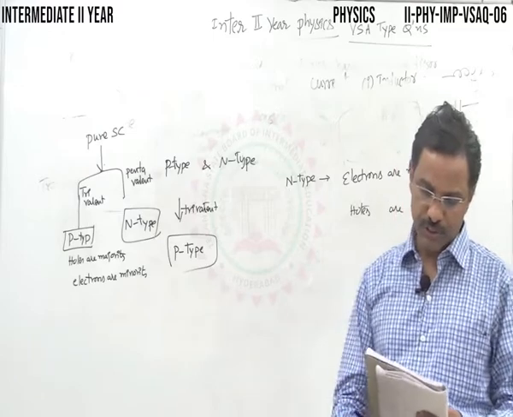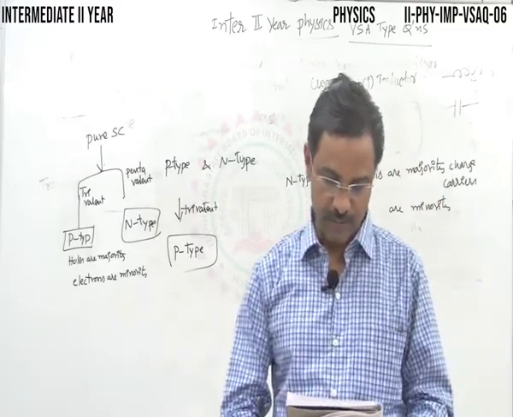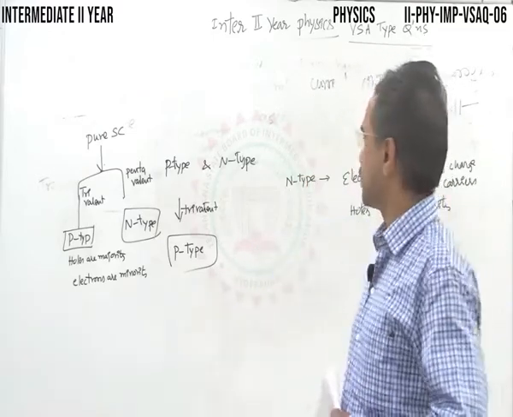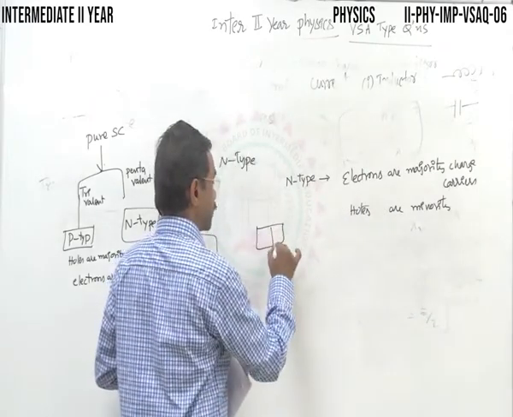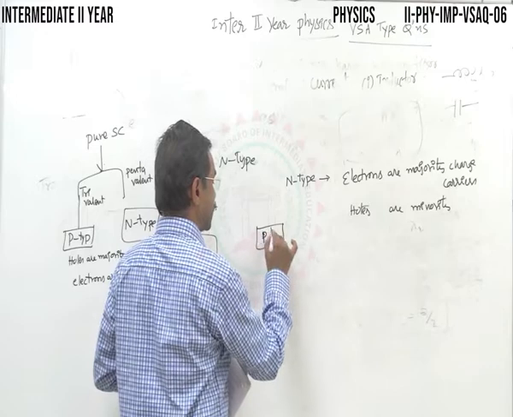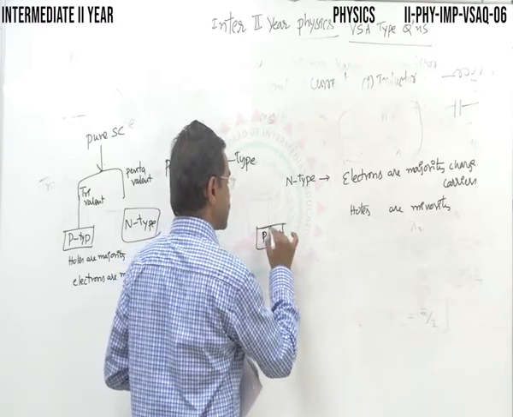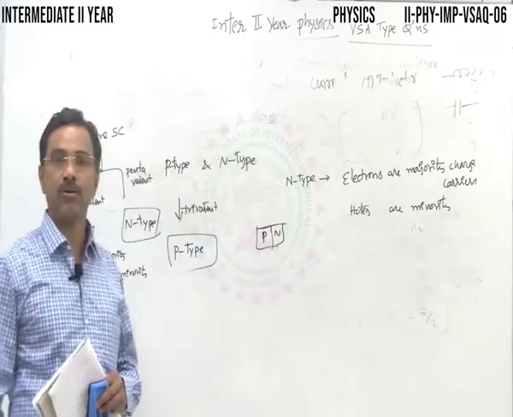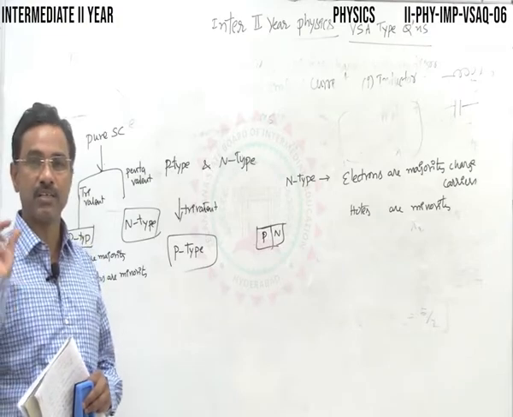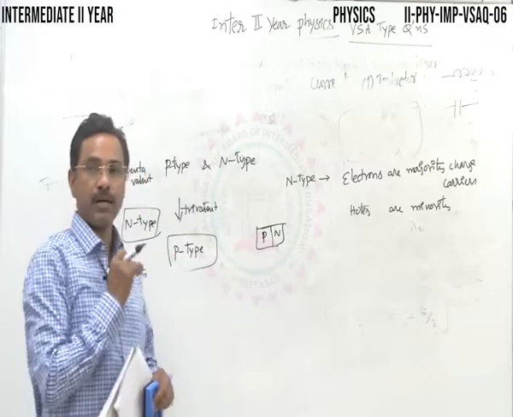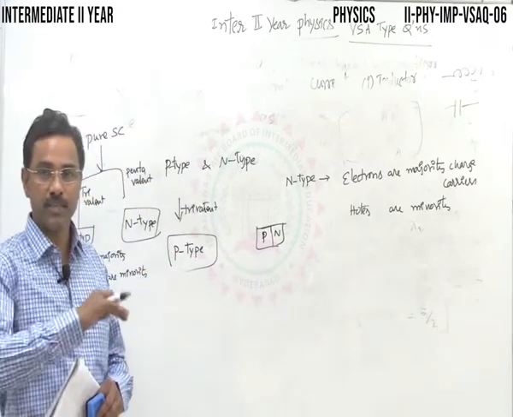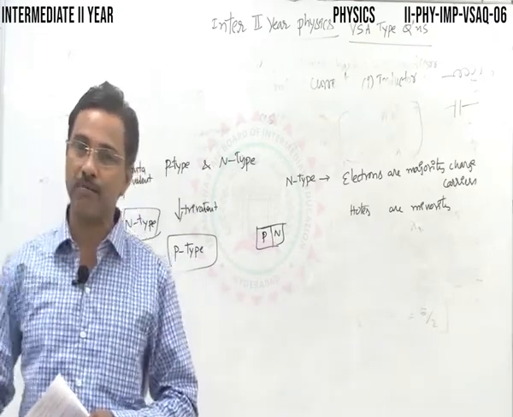What is a p-n junction diode and depletion layer? A p-n junction diode does not mean taking two extrinsic p and n pieces separately and joining them; that doesn't work as a p-n junction diode. On a single pure crystal, either germanium or silicon, half of the region is doped with trivalent impurities and the remaining half with pentavalent impurities.